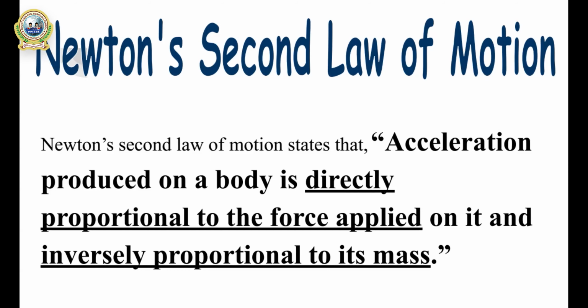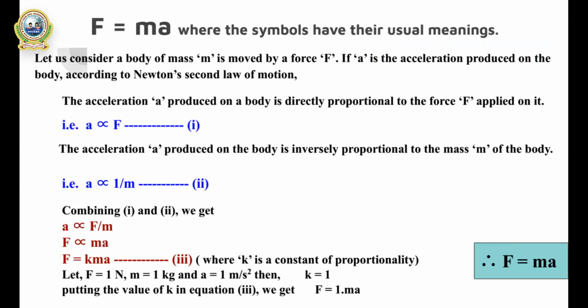Now this is a very important part. This derivation, this proof of the formula F equal ma, is a frequently asked question in exams. In most tests, this question is asked as: prove F equal ma, where the symbols have their usual meanings.